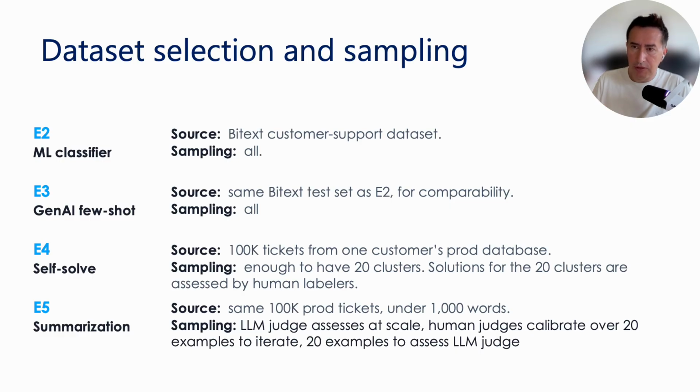And at runtime, at prediction time, we have a way to match new customer support requests with a cluster, and then draw the solution corresponding to that cluster. So here we may have, let's say, many customer databases, or in simple cases, one customer prod database.